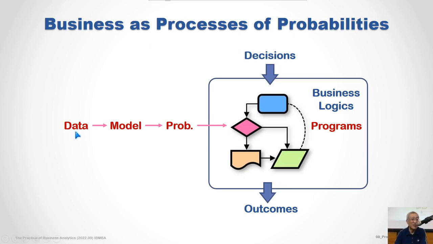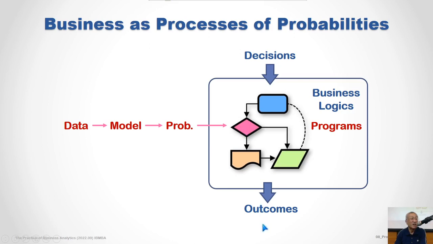Most of the time, we use data to build a model, and we use the model to estimate the probability of future events. As long as we know this probability, we can use a program and simulation so that we can see, for every alternative decision, what the outcome is with this uncertainty.